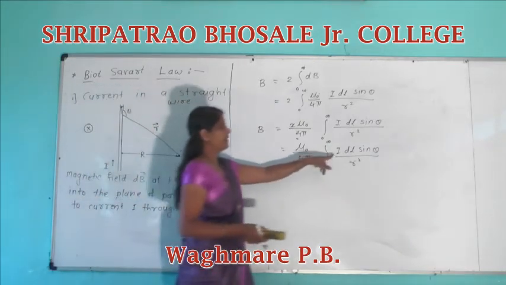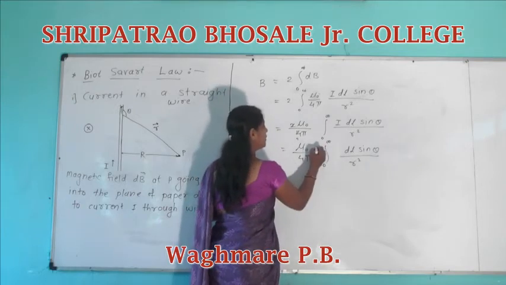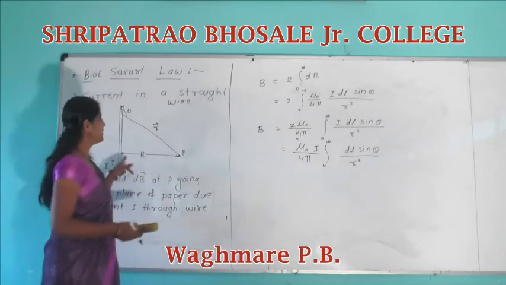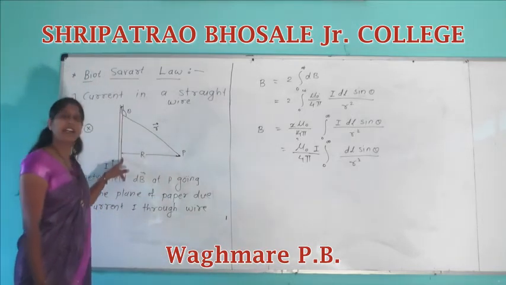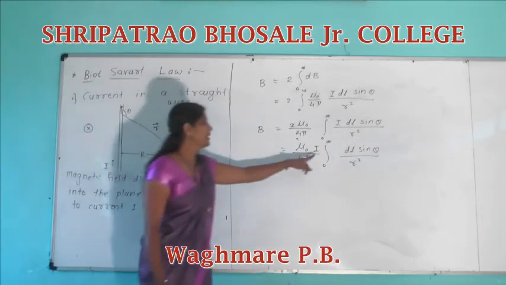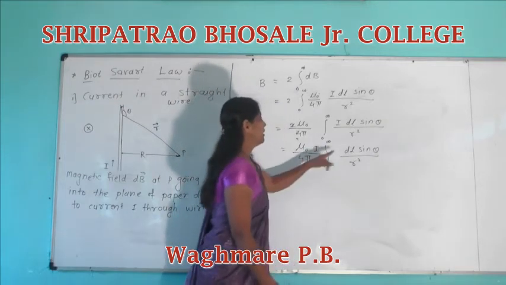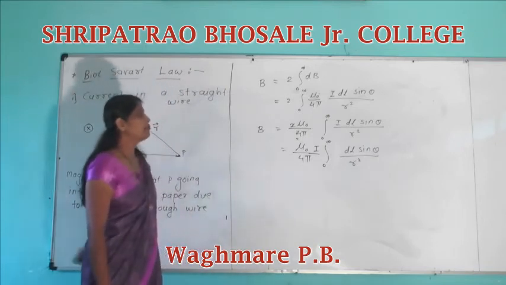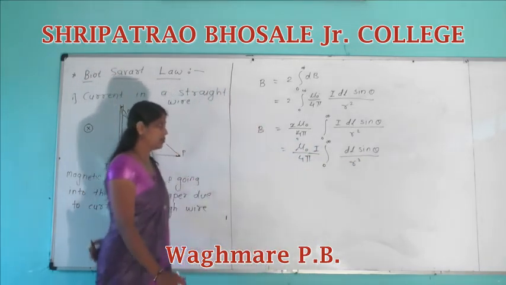We can take this I out of the integration because this is also a constant term. I is the current passing through this conductor and it will be the same at every point. Therefore, it is not necessary to take it inside the integration. Now we have to take the integration of this dl sin theta upon r square.